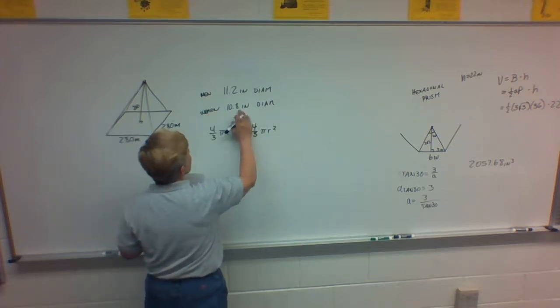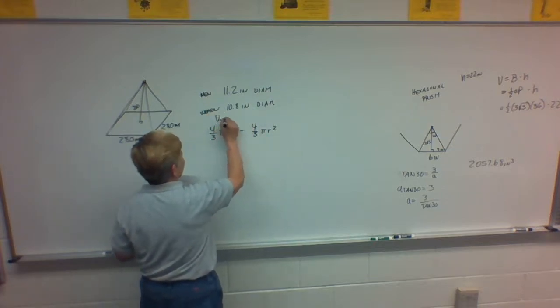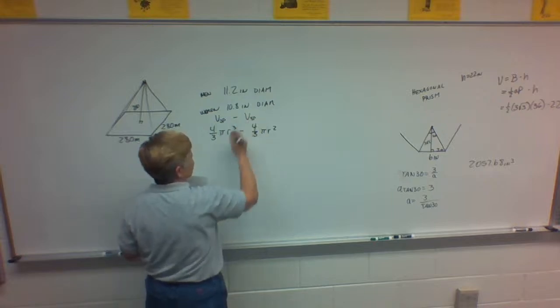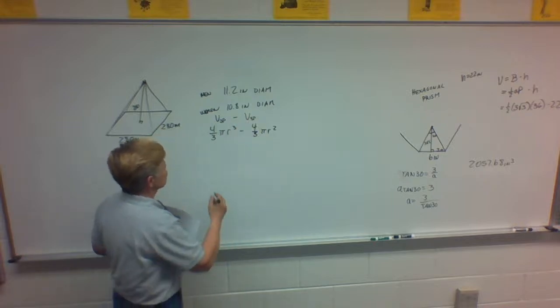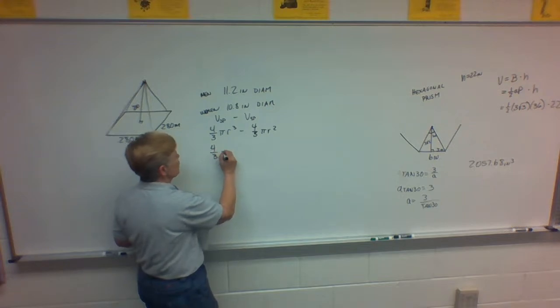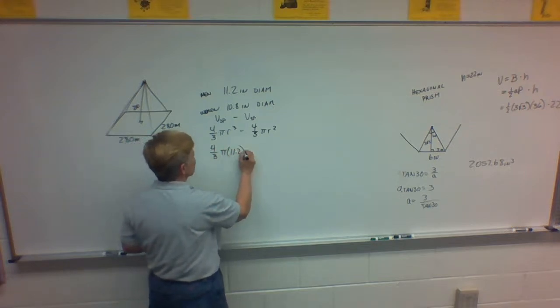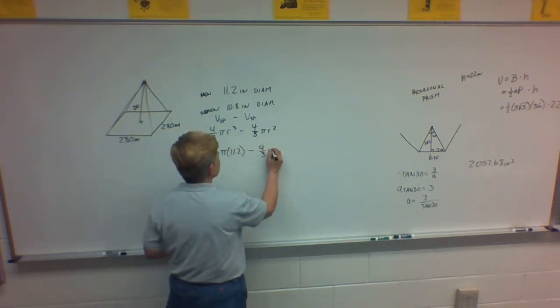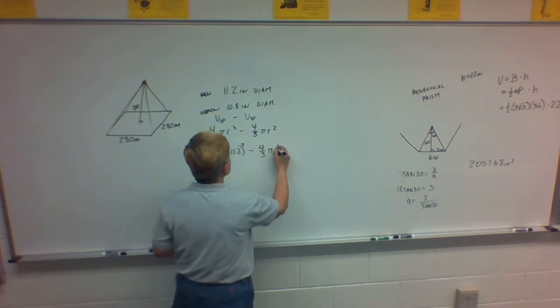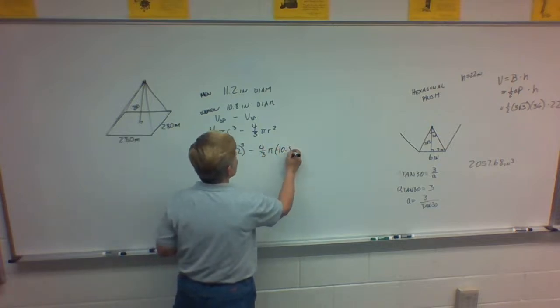It's the volume of a sphere minus the volume of a sphere, but they're two different spheres. You just got to keep track. So I would have 4/3 pi times 11.2 cubed minus 4/3 pi times 10.8 cubed.